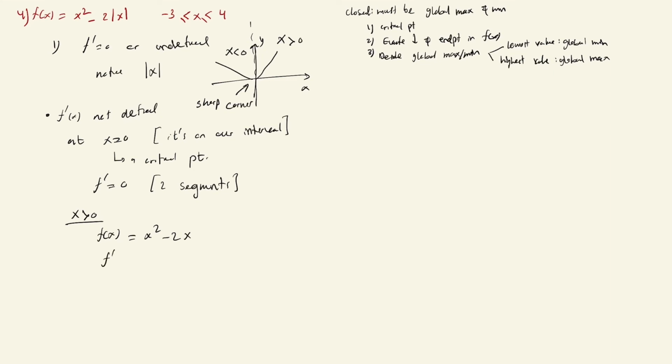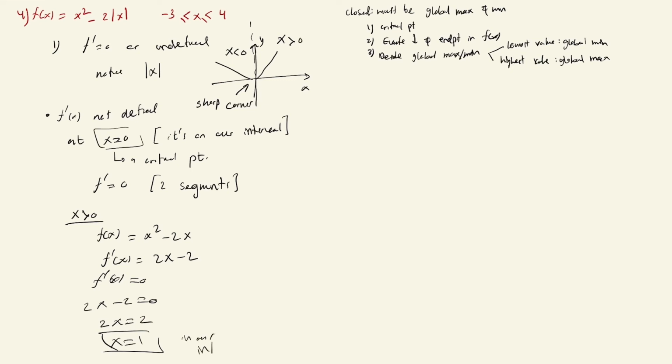It's going to be 2x minus 2, and then this term is going to be 0. So we move minus 2 to the other side and we divide by 2. That's going to be x equal to 1. Note that x equal to 1 is included in our interval, between minus 3 and 4.